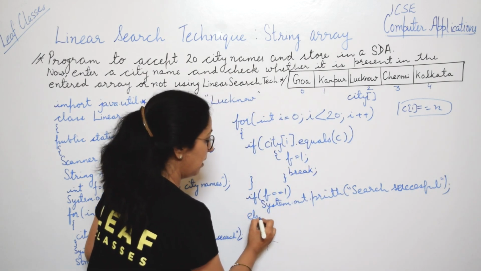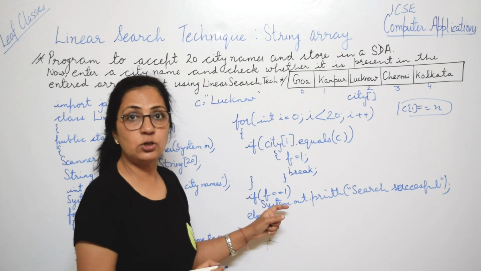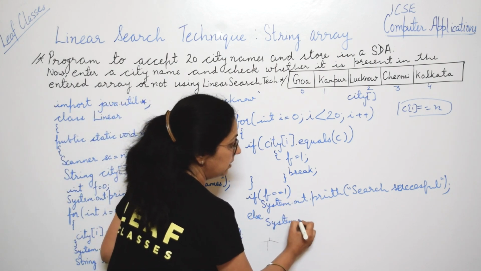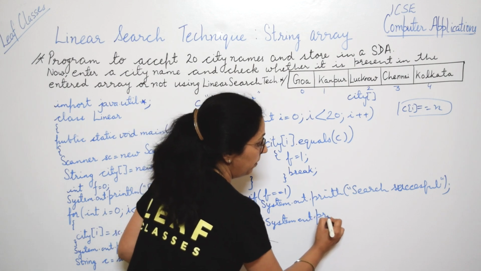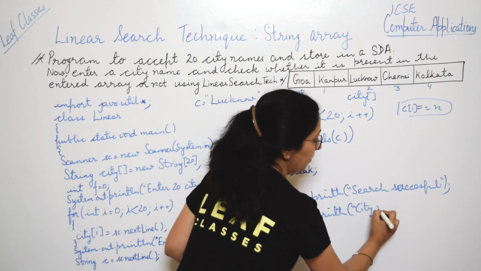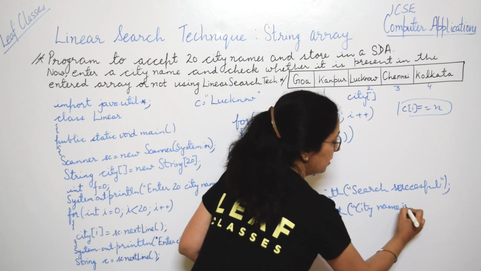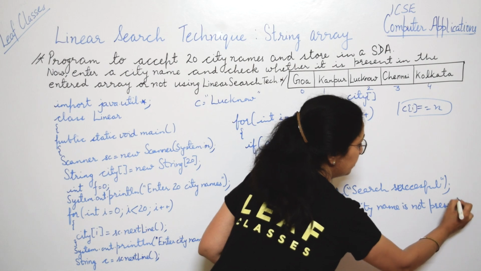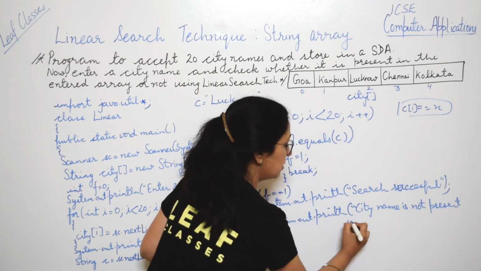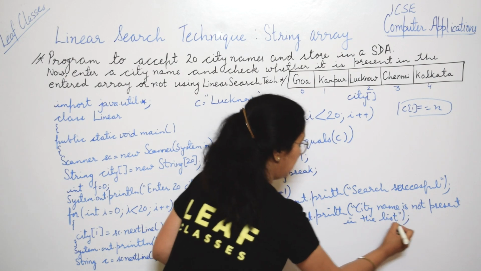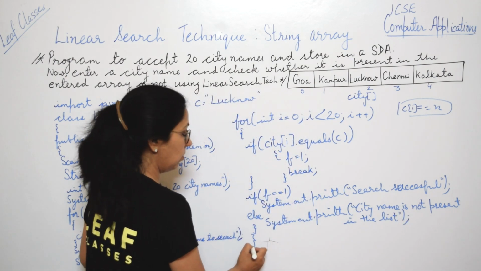Else, if it is not changed to 1, you will print System.out.println city name is not present in the list. And then you close main and then you close class.